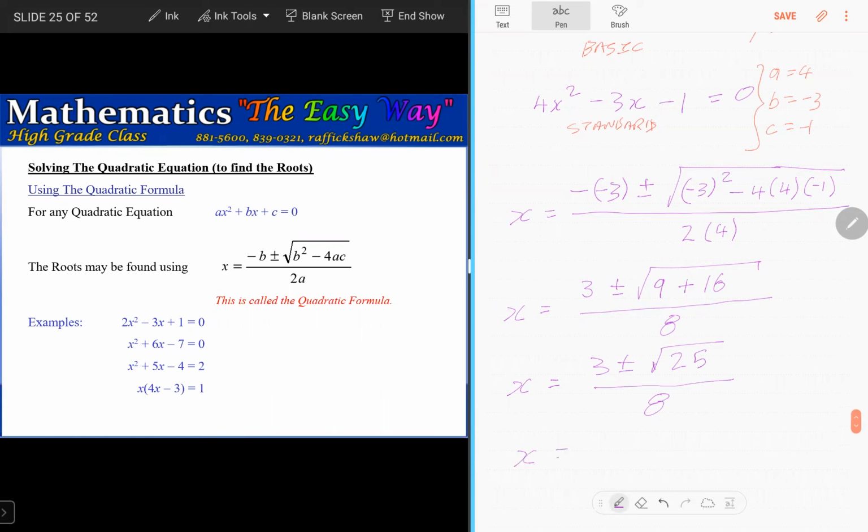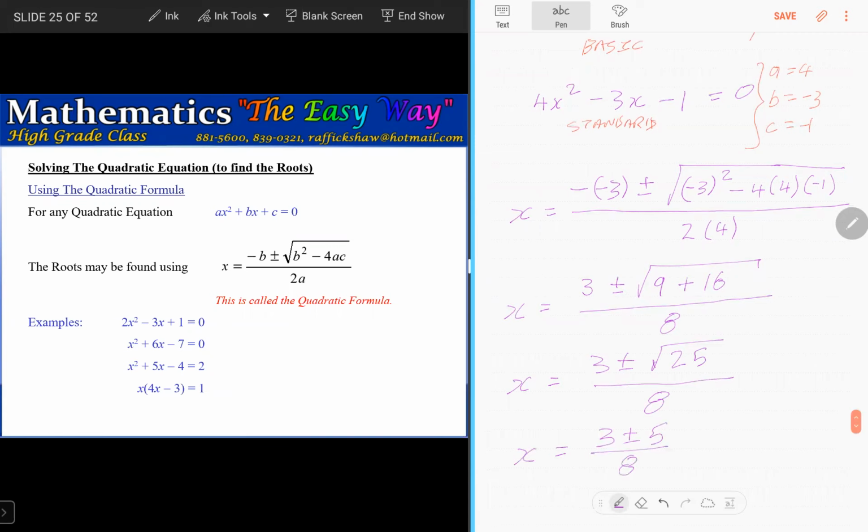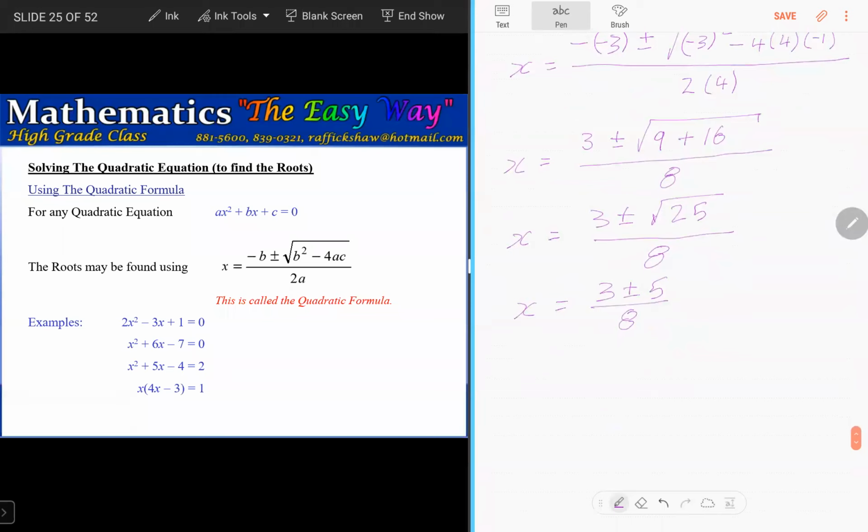So x equals 3 plus or minus 5 over 8. You're going to get one value with the plus and one value with the minus. x equals 3 plus 5 over 8, or x equals 3 minus 5 over 8.